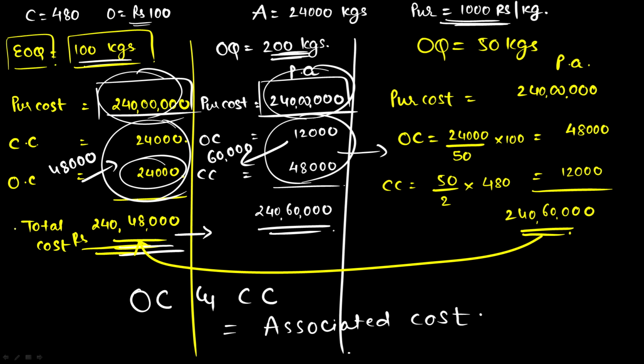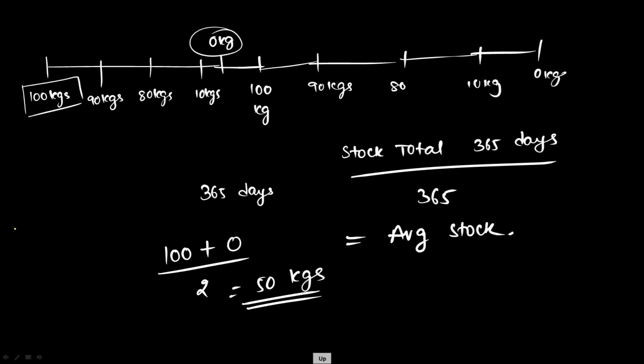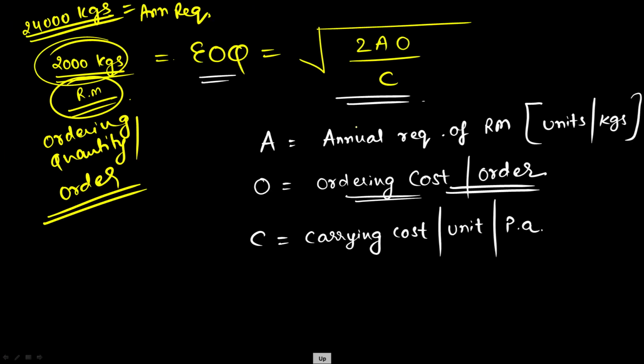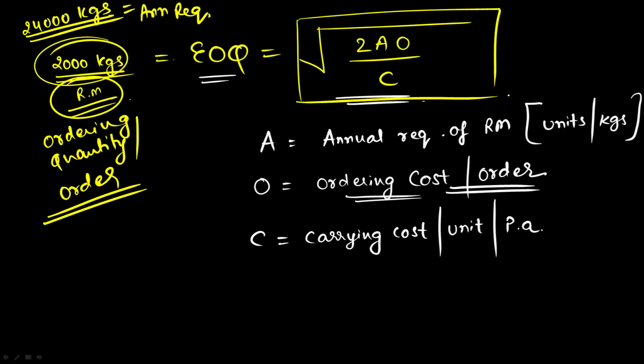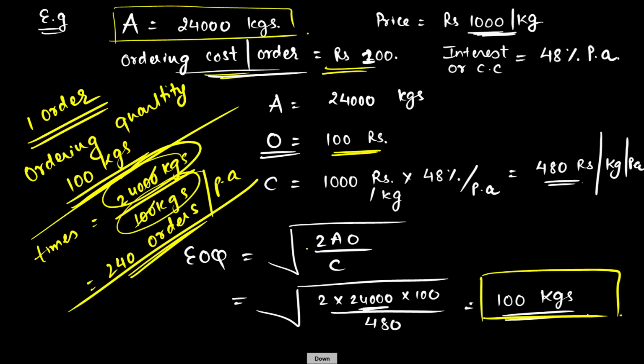How have we found out 100 kgs? By formula. How will I find the economic ordering quantity? I am just rewriting the formula. How will I be finding out EOQ? It will be the square root of 2AO divided by C. Please concentrate.